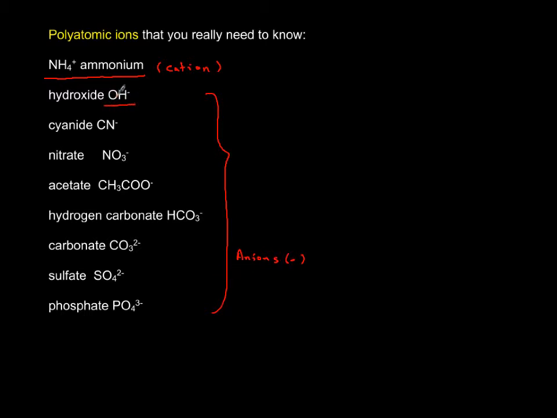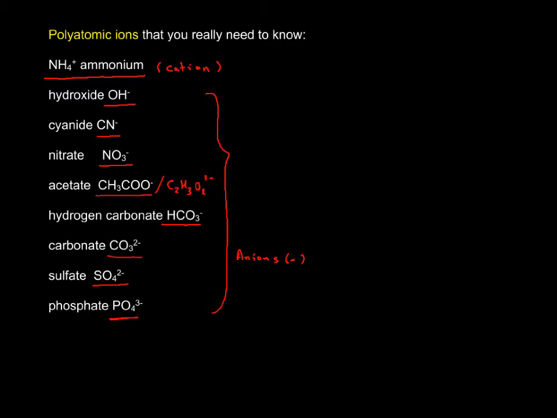Hydroxide, you should know, OH1 minus. Cyanide is CN1 minus. Nitrate, acetate. Sometimes acetate is shown as C2H3O2 1 minus. I still prefer CH3COO minus to remember it. Hydrogen carbonate is HCO3 1 minus. Carbonate is 2 minus. Sulfate is 2 minus. Phosphate has the most negative charge and it's 3 minus.